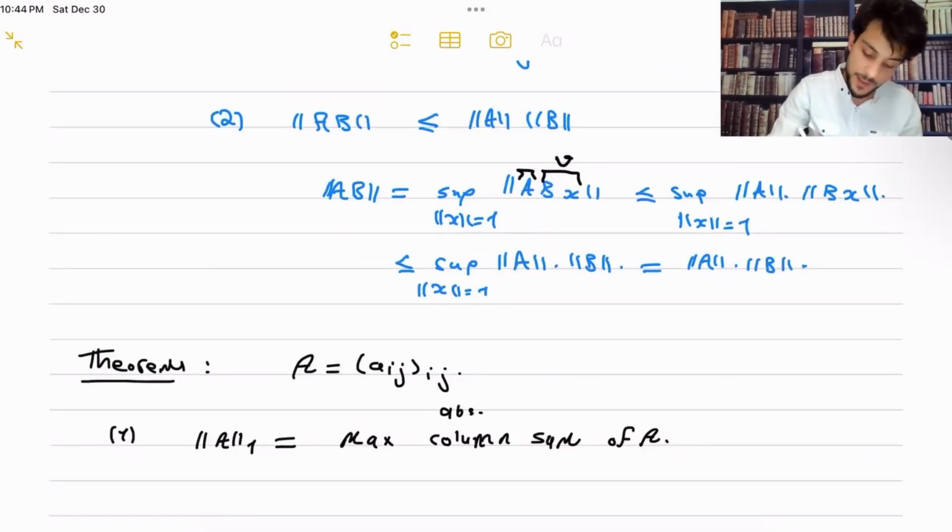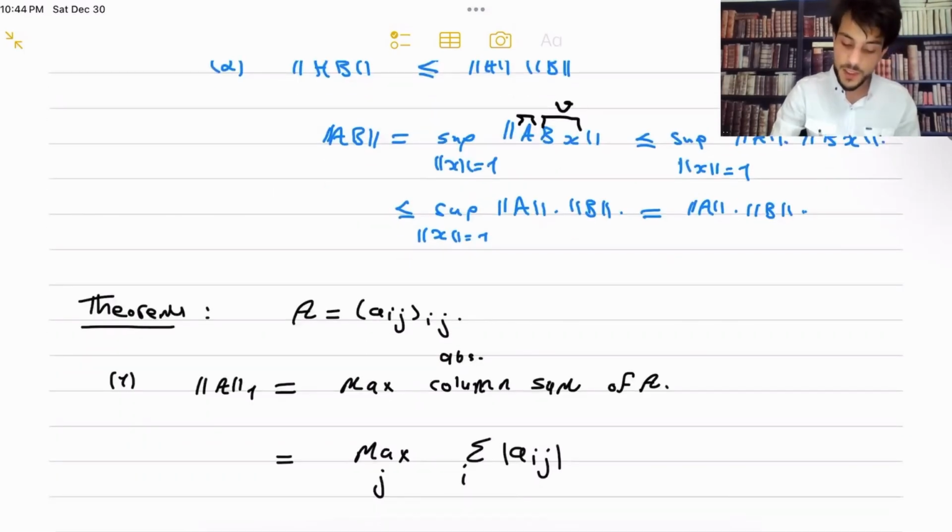And what that means is that you take the maximum over all j's indexing the columns, and you sum the entries of each column over i. This is the first part of the statement.